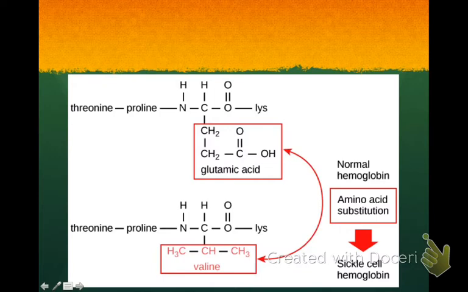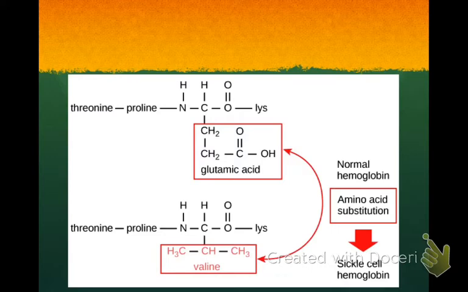In this particular picture, it's showing you a portion of the amino acid chain. There's 300 amino acids in each of the 4 polypeptides that make up hemoglobin. And this is just showing a very small portion of one of the chains. It's showing where the amino acid difference is.